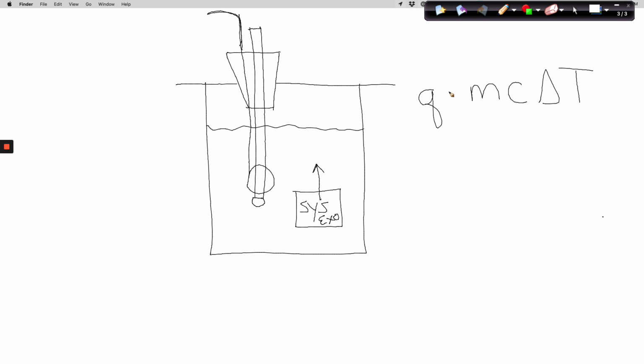We multiply those together, and that gives us the amount of energy lost by the system, gained by the water. So this gets us there. You guys okay? Again, on the AP test, it will say to you, assume that all the heat lost by the system is gained only by the water. And then, guys, at that point, we're good to go.